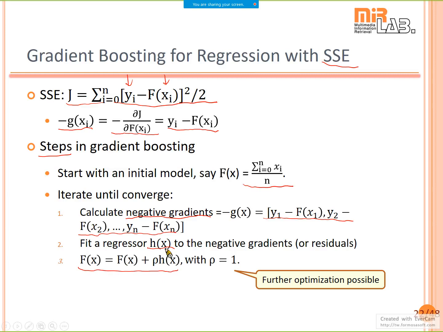Once we fit h of x to the negative gradient, we incorporate it into the model by multiplying it by a learning rate or step size. Usually we put it as 1 here. Of course, you can do further optimization to find the optimal value of rho, but usually we don't bother to do that.